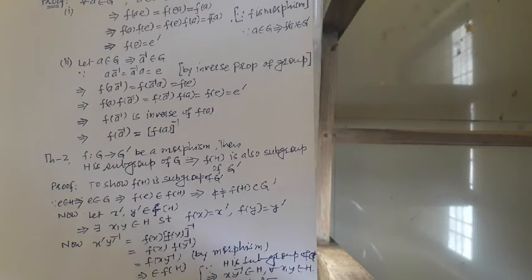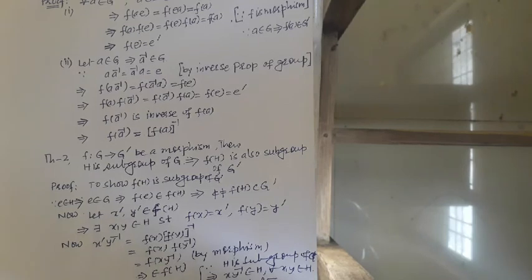Now we say that f of a into f of a inverse equals f of a inverse into f of a equals f of e equals e dash. It means both are inverse to each other. So we write here f of a inverse is the inverse of f of a. Symbolically we write f of a inverse equals the inverse of f of a. So this is a complete proof of the theorem.